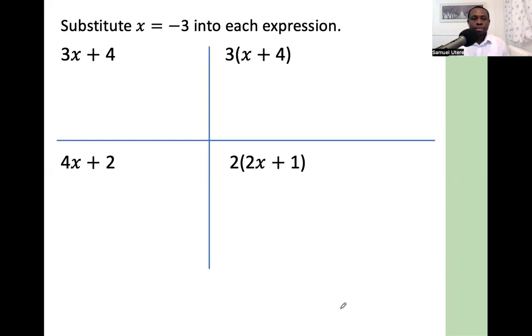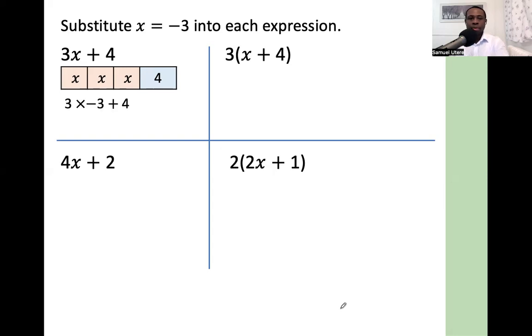All right. If we want to substitute x equal to negative 3 into each expression, how would this work exactly? Have a think. Well, for the first one, using a bar model to help us understand what these expressions actually mean, 3x add 4 means 3 lots of x, and then in a bar add 4.